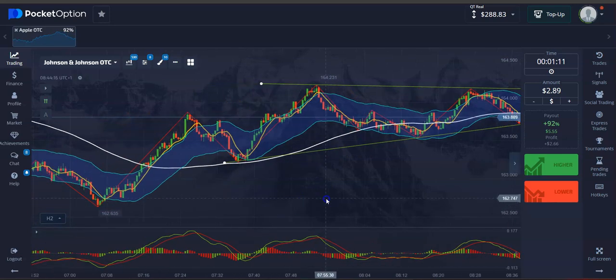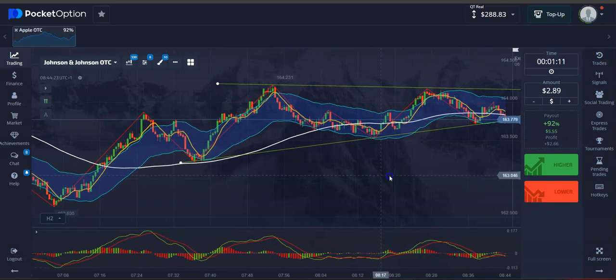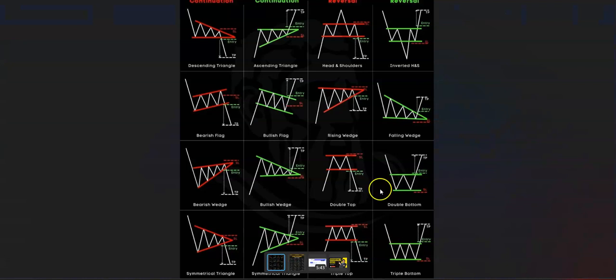Okay, guys, as you can see right here, this one is forming higher lows and lower highs. It came from the bottom, pumped, dumped, etc. If you come over here, we can identify that chart pattern with this one right here. It came from the bottom, pump, dump, pump.